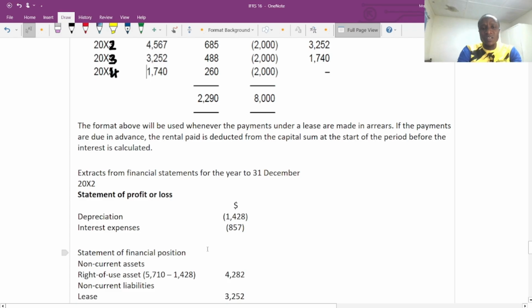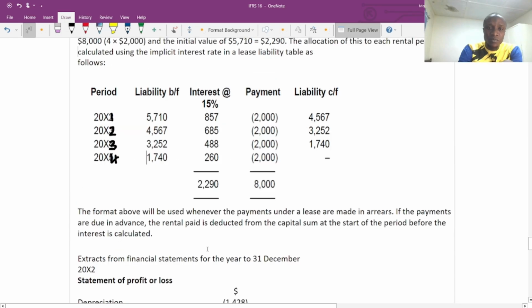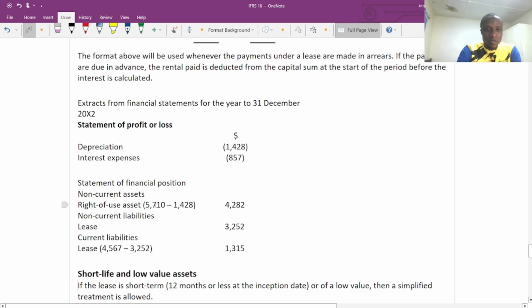So that's how we are going to identify the current liability from the non-current liability. So basically, this is the calculation I've calculated. Then we are just going to do for year one. The depreciation is 1428. The interest payment is 857 from year one calculation. Now the statement of financial position, the right of use assets minus the depreciation will give us 4282.